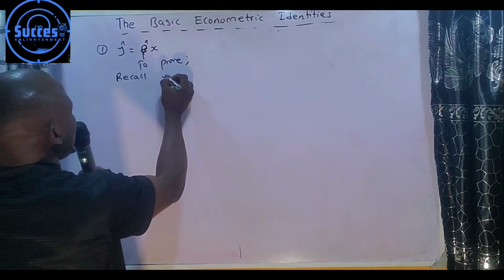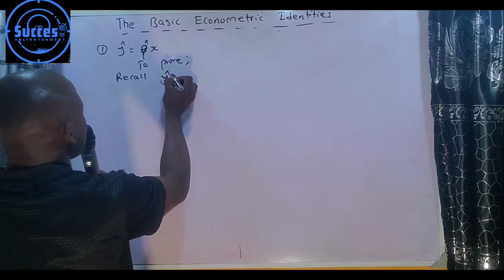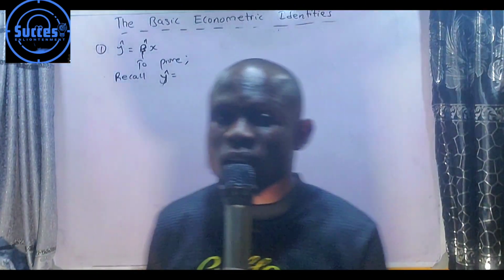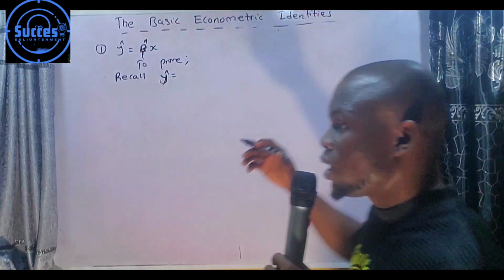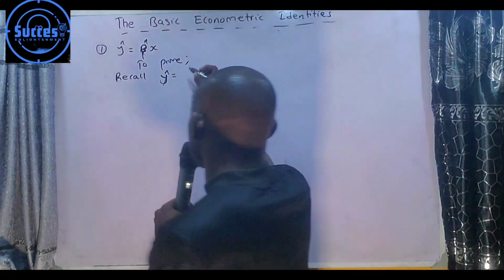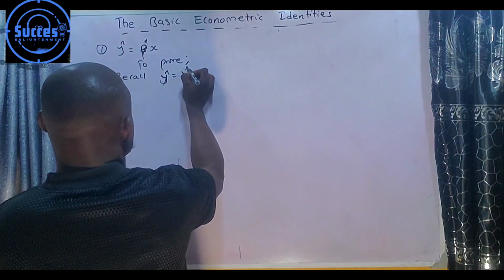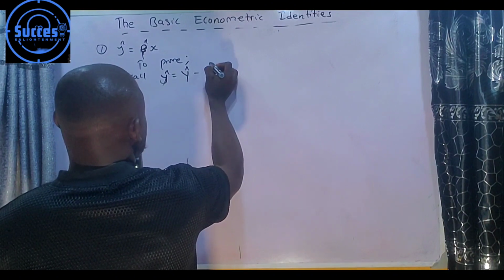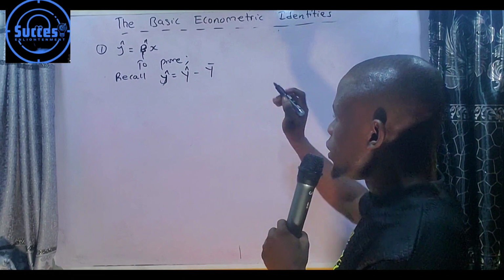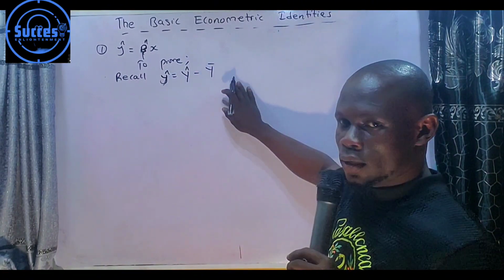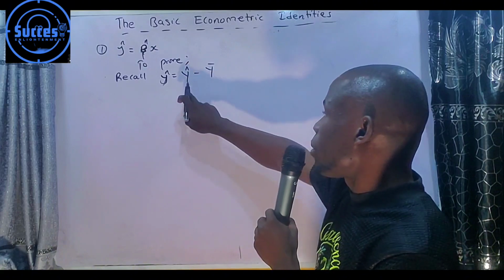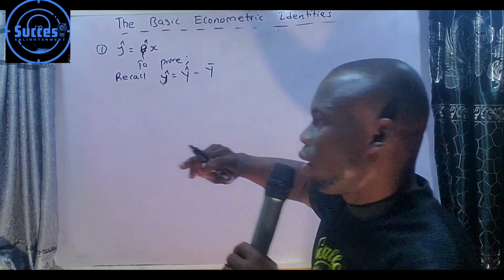Recall that our small letter y cap, from what we are given, remember I stated some identities earlier. From that identity, small letter y cap is equal to capital letter Y cap minus capital letter Y bar. So now, this is our small letter y. Now we need to know what capital letter Y cap and capital letter Y bar are.